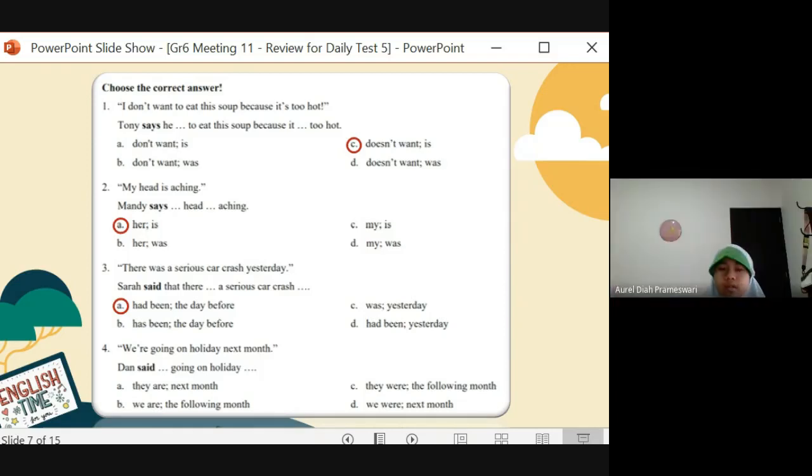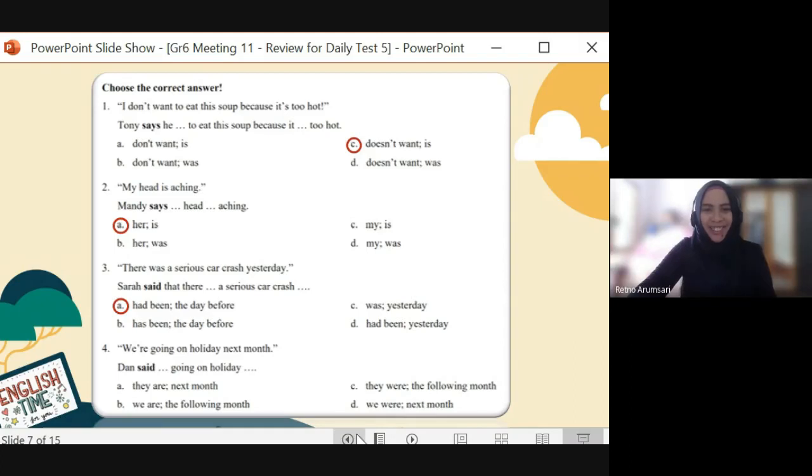"We're going on holiday next month." They said they are going on holiday the following month. Are you sure? All right. We, where is from we are, right?